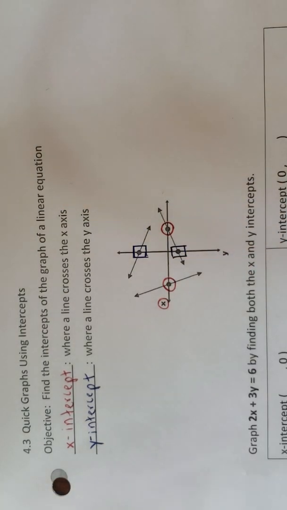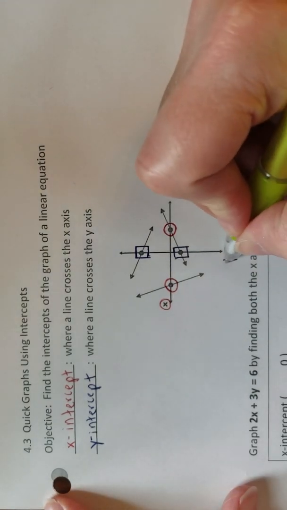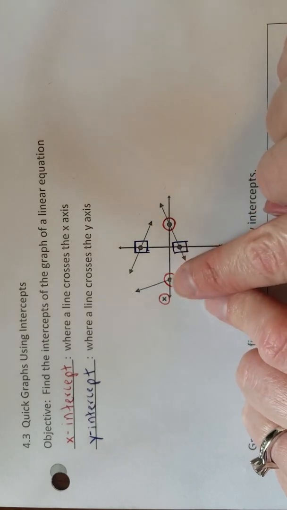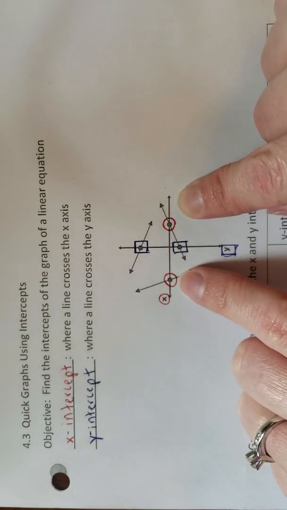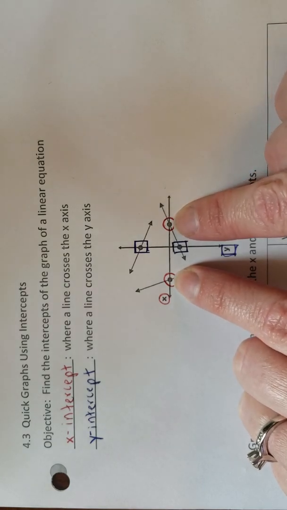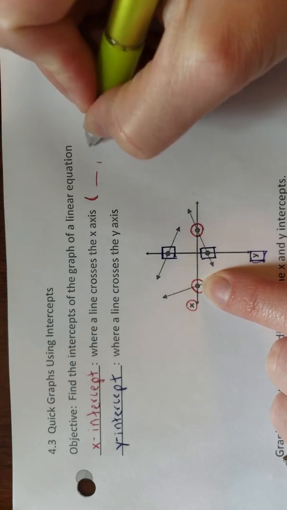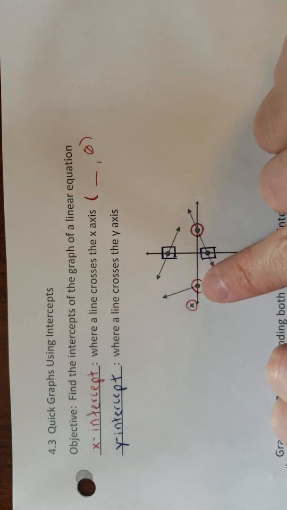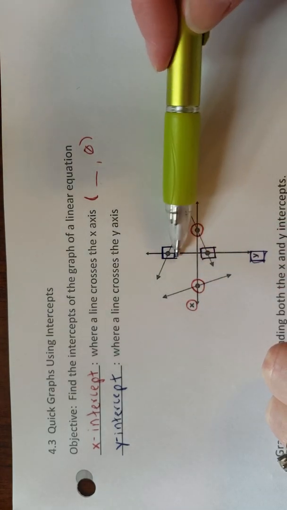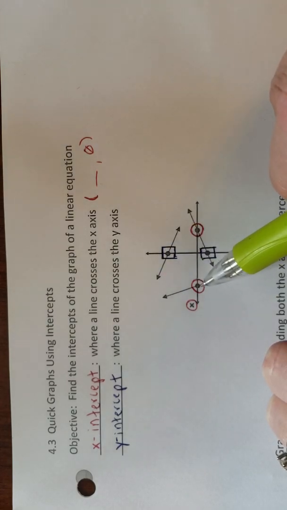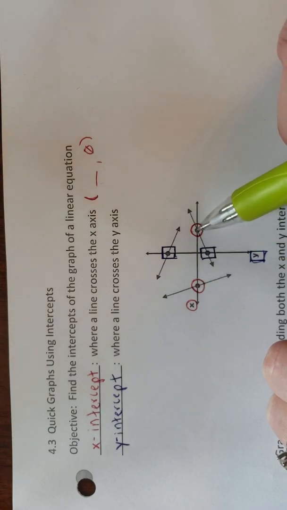Good. Now, there's something special about this. No matter where a line crosses the x-axis, we know that for the coordinate that goes with that point, the y part of that coordinate must be 0. Because there will likely be some horizontal movement on the x-axis, but there's no vertical movement up or down from the origin. So this might be (-5, 0), or this would be (3, 0).